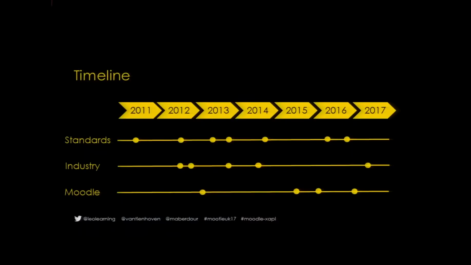So looking at the timeline of xAPI, we're going to start this journey in 2011 and take you through to today's date, taking you through the standards, industry response to these standards, and Moodle. xAPI is a standard itself, or I should probably call it a specification rather than a standard.